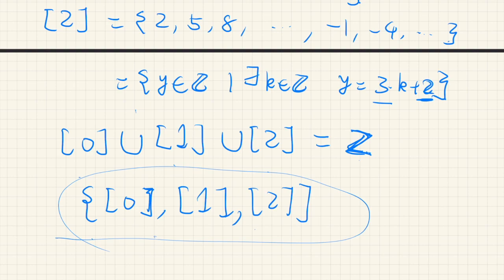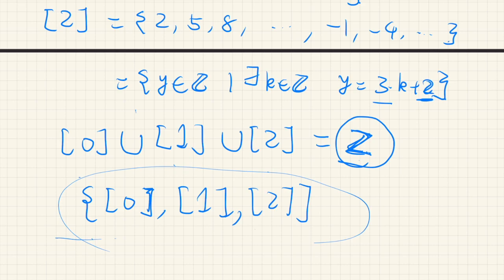Okay, so it's interesting. The set of integers contains infinitely many integers, of course, but we can classify all integers into 3 classes according to the remainder when divided by 3. And there are only three classes, equivalence classes in this case.